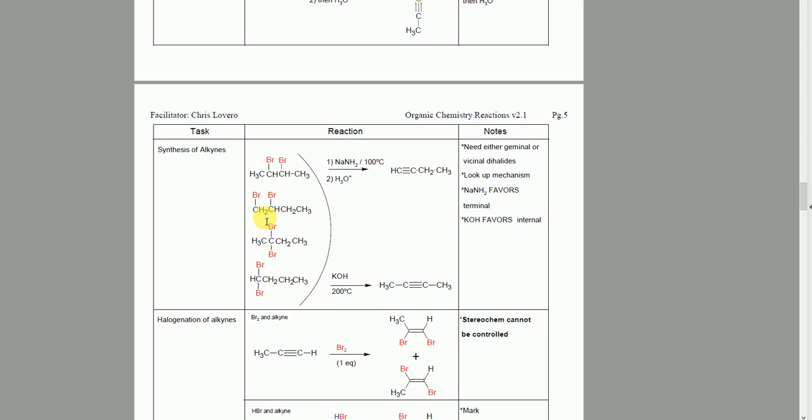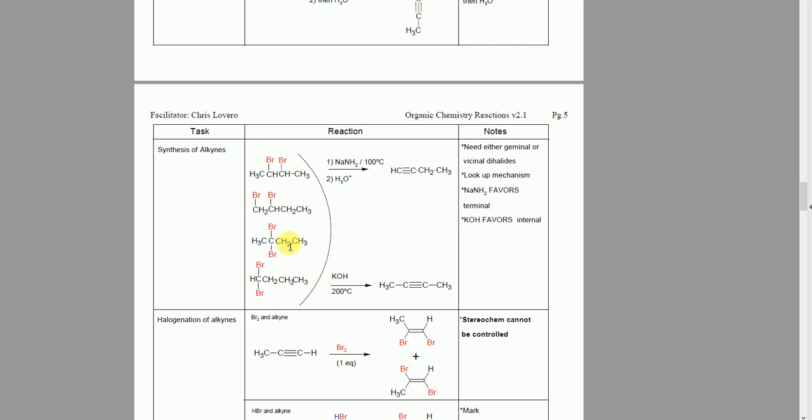So if I'm trying to form the terminal alkyne, I can use any one of these vicinal or geminal bromines on these molecules to form the terminal one. The triple bond will move around all the way until it reaches the closest end, and I'll show you how that happens. We'll learn how this mechanism works, just for the sake of understanding. And then if I have KOH, I'm going to form the closest internal triple bond.